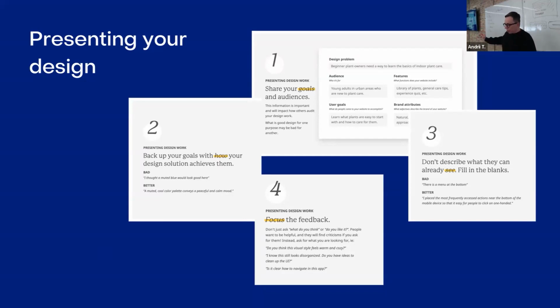Then you need to back up your goals with your design solution. So if you are going to create a marketplace for pet owners, you can highlight that you put the CTA button in the first place so that people can easily buy and sell goods, things for pets or something. It's just an example.